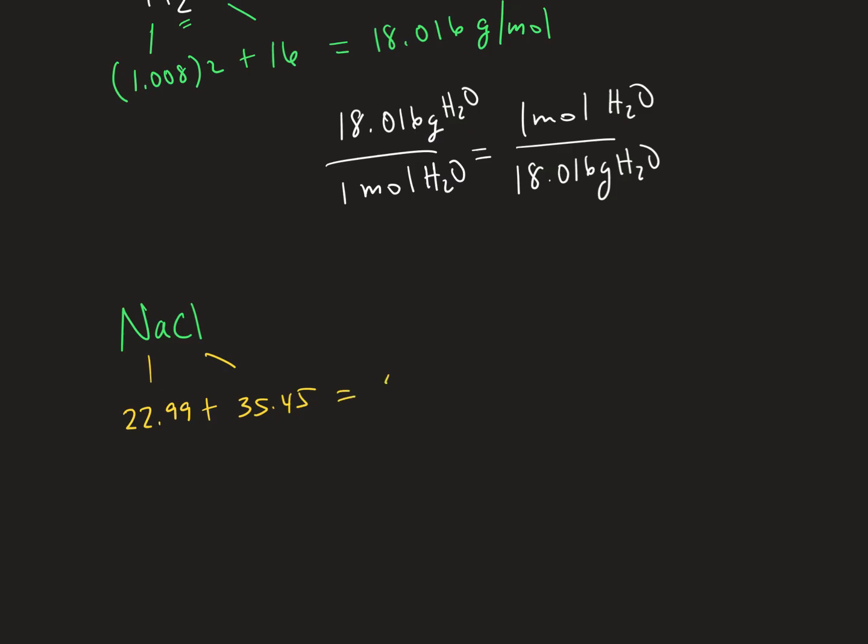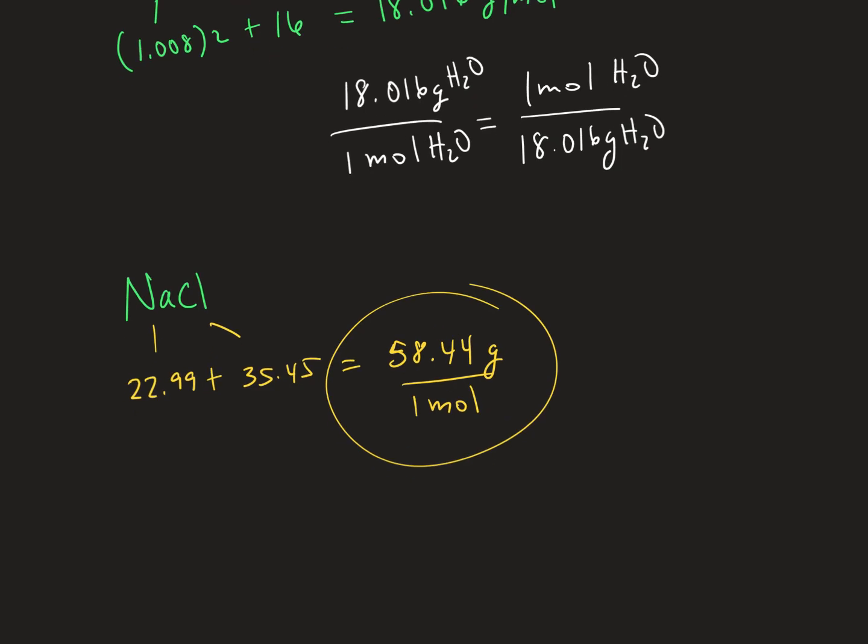And we add those and we get 58.44 grams per 1 mole. And you can just write it grams per mole, but that's my conversion factor, or the flip version, depending on what I start with, right? We good? Okay.